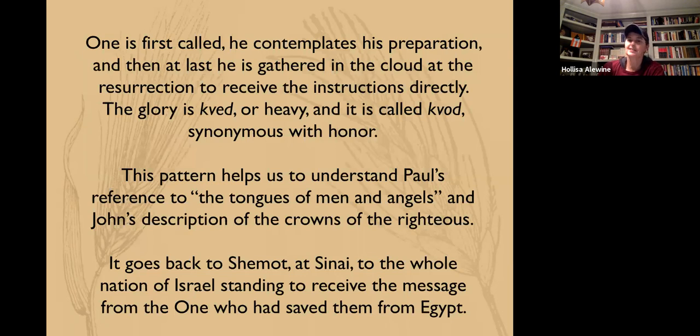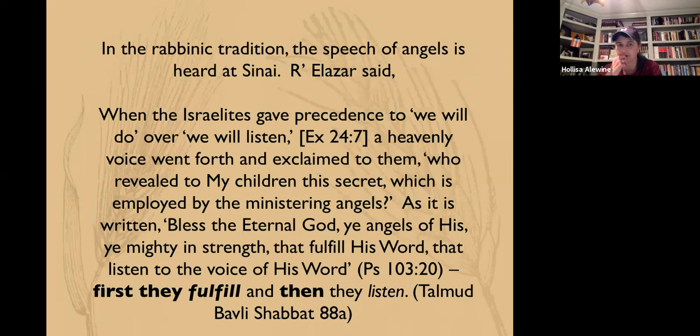But the whole message they couldn't take, which sounds pretty familiar. People today, I mean, they struggle with the Big 10, much less 613. That's too heavy for them, right? But they're at the threshold. So here's the context when we talk about the tongues of angels.